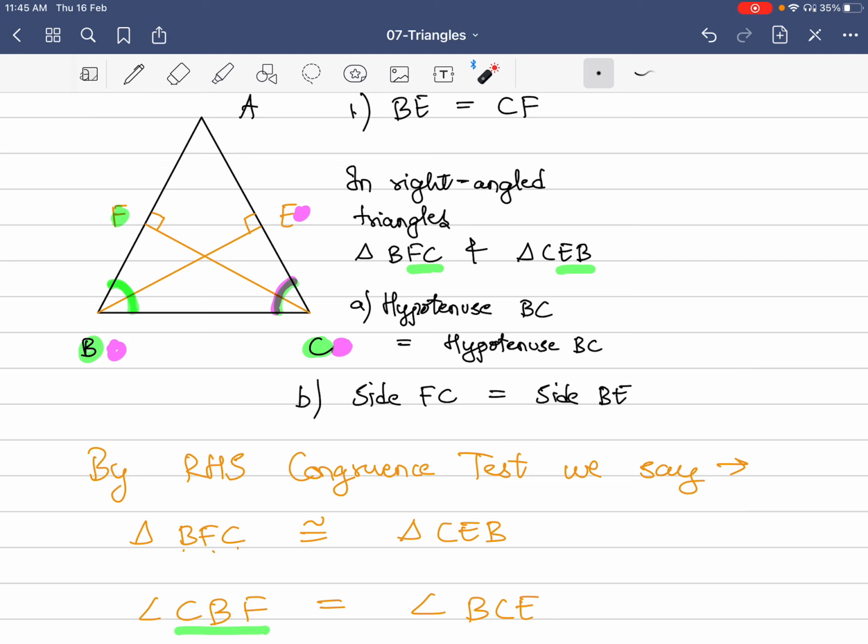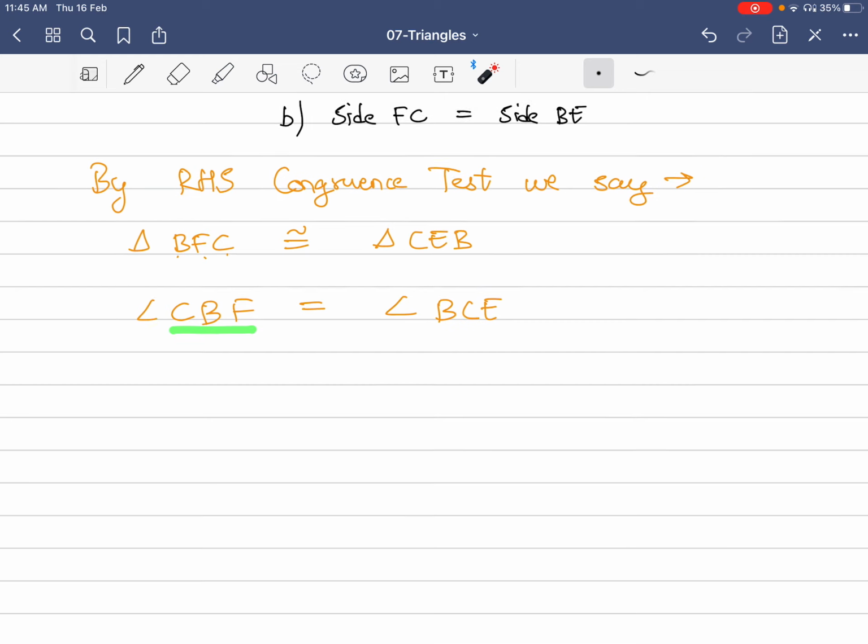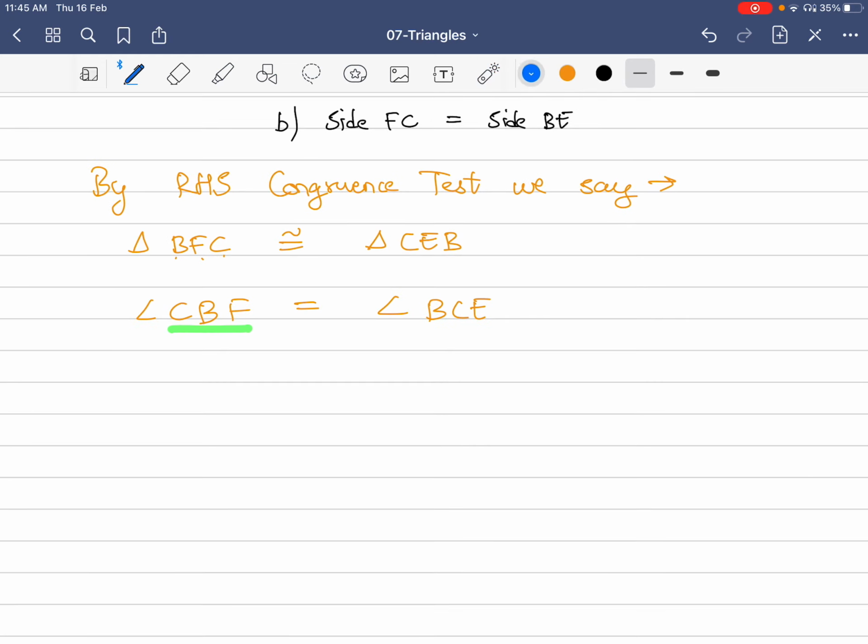And that is in fact the definition of an isosceles triangle. In an isosceles triangle, the two angles are equal to each other. So by this definition, from this, we can say that the bigger triangle, that is triangle ABC, is an isosceles triangle.